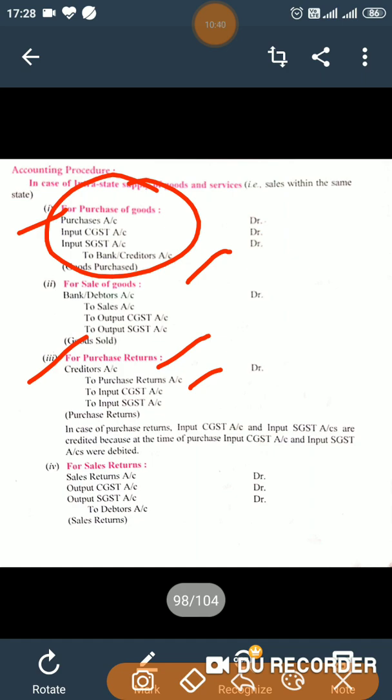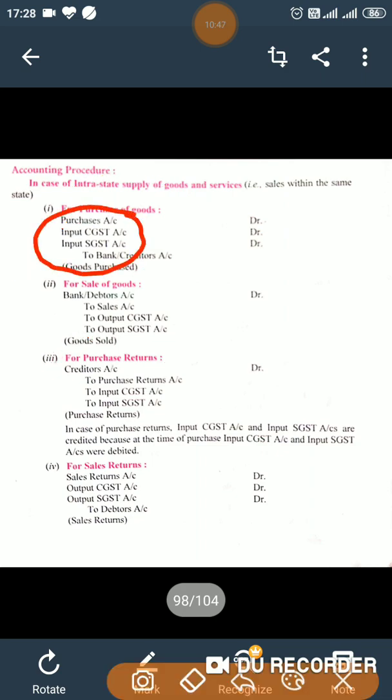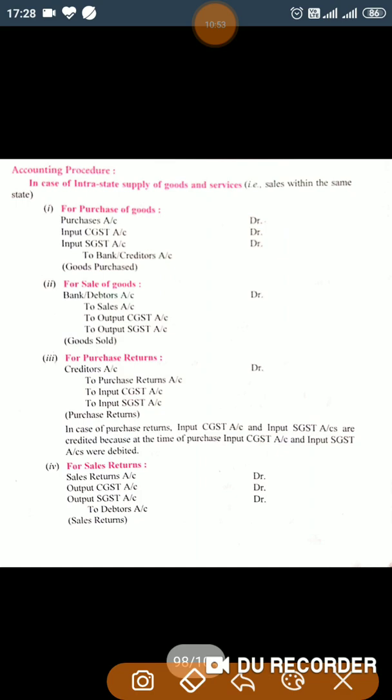And this asset, input CGST and SGST at the time of purchase, at the time of purchase return will be reversed, meaning credited. In other words, for understanding, earlier they were an asset. Out of those goods which are purchase return, to that extent input GST will be credited, meaning assets are decreased.